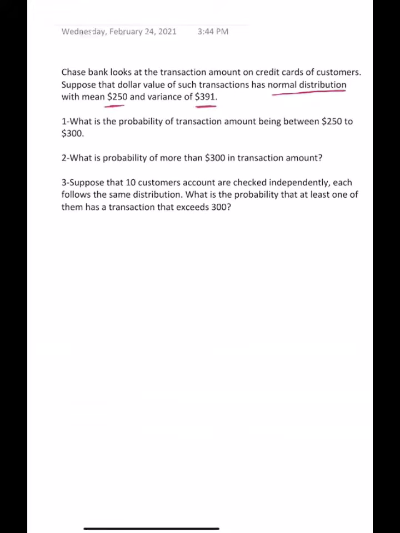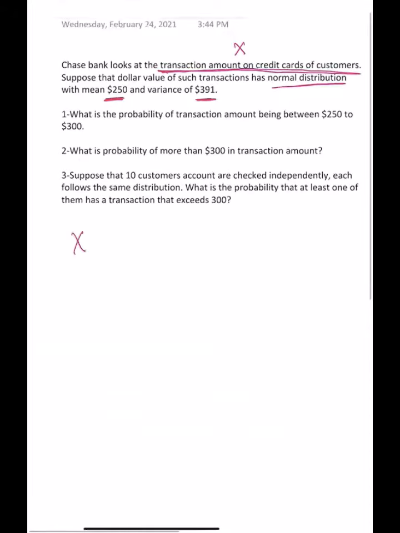So our random variable X is the transaction amount on the credit card of the customers. For each transaction amount that we have on the credit card, this is the random variable X, and it has been defined to have a normal distribution with average 250 and variance of 391.